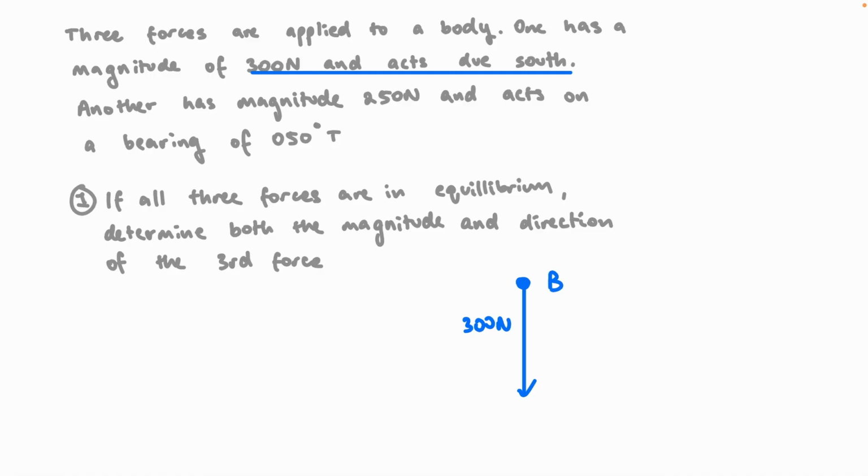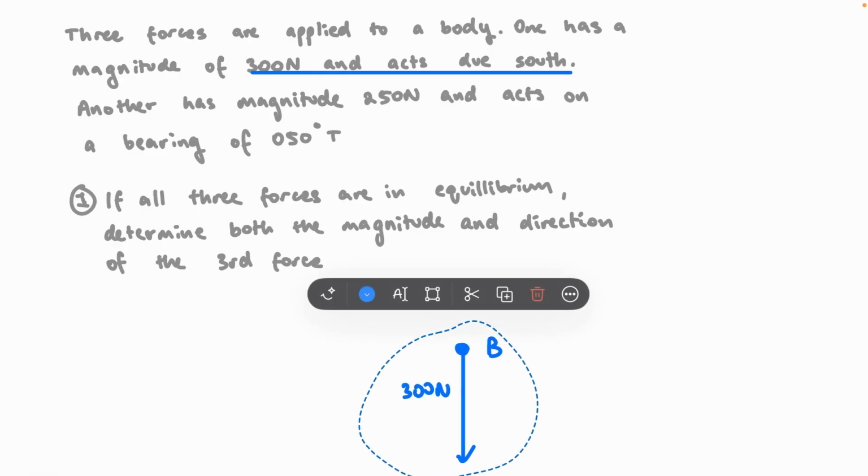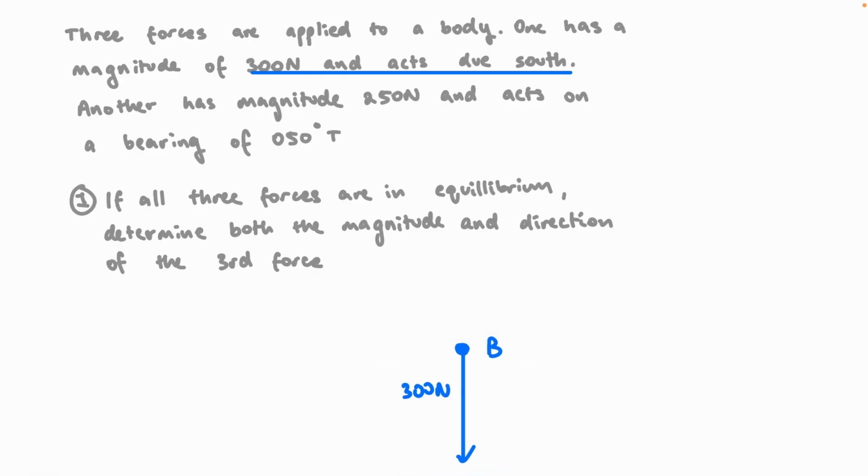Let's keep reading. Another has a magnitude of 250 newtons and acts on a bearing of 50 degrees. So it's still acting on this body here, but this time both the magnitude and the direction are different. Let's start with the direction, because we can just adjust the size of our vector to talk about the magnitude, but what about the actual direction?